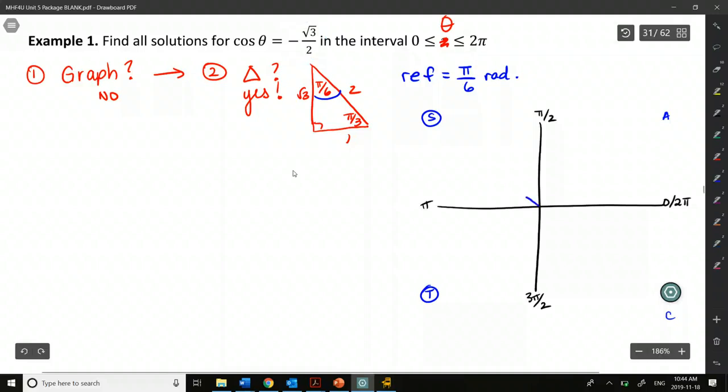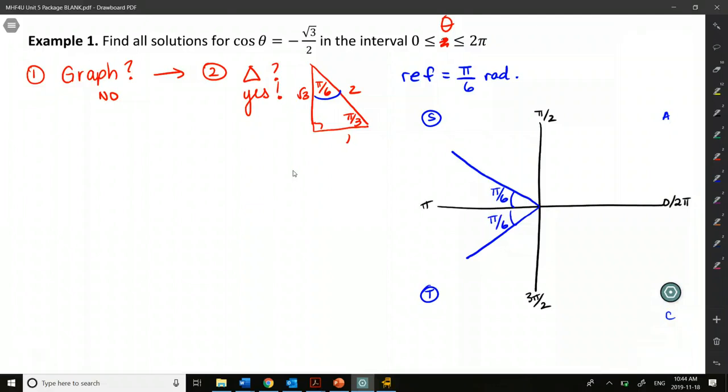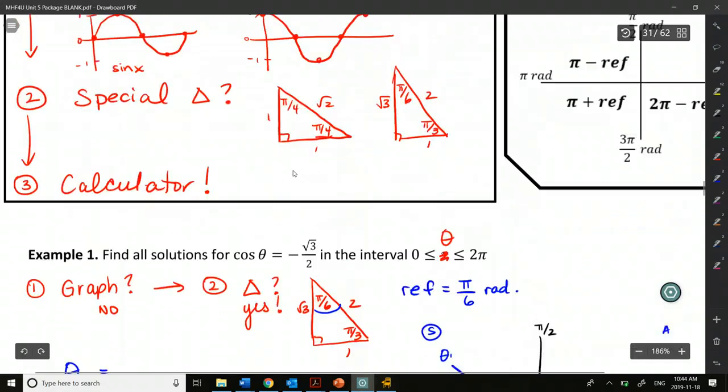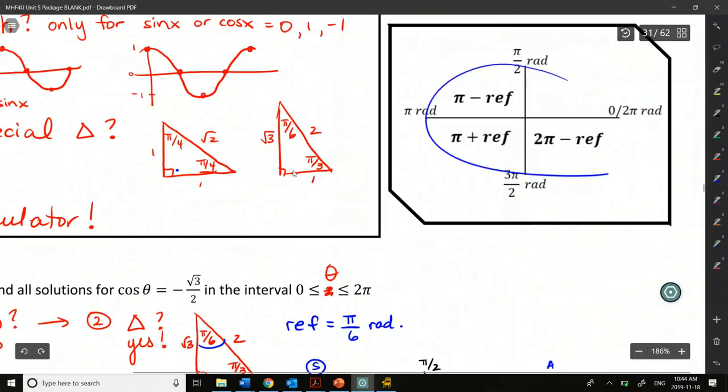So we're going to place our angles in these quadrants. And I know the reference angle there is pi over 6. Your reference angle is always placed between your arm and the closest x-axis. Okay, we're going to call this theta 1 and theta 2. So theta 1, if you use your little reference grid up here, it's just pi minus the reference angle.